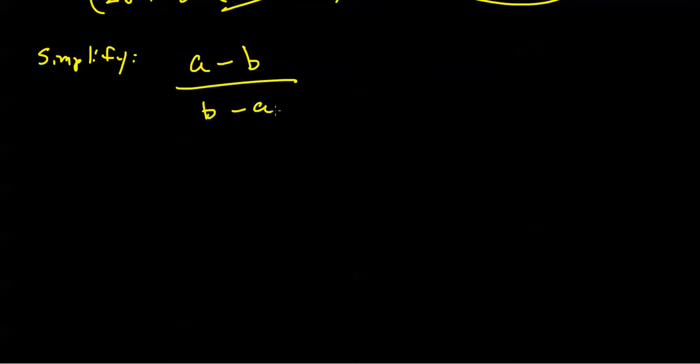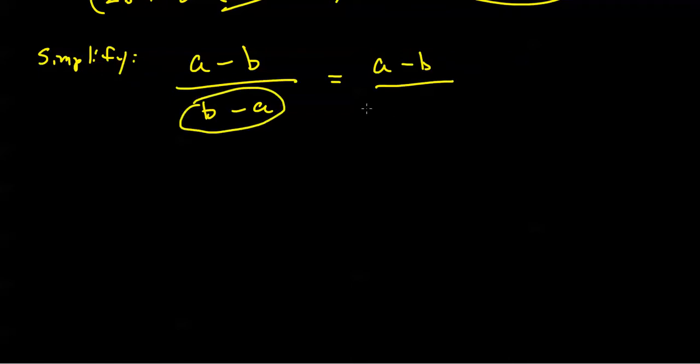I'm going to identify what I'm going to call a building block for further problems in this chapter. Simplify a minus b over b minus a. No, you can't cancel out the b's, you can't cancel out the a's because they're not factors. They're terms of sums or differences. What I can do, though, is notice that the denominator is really the opposite of the numerator.